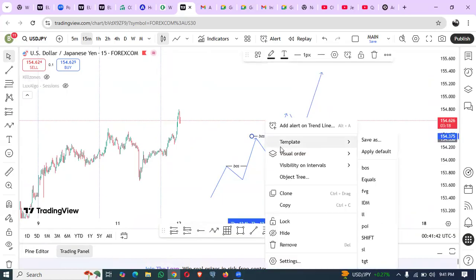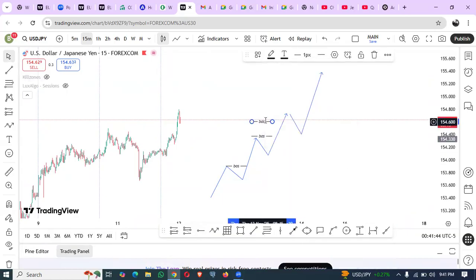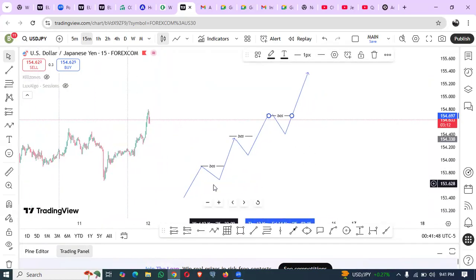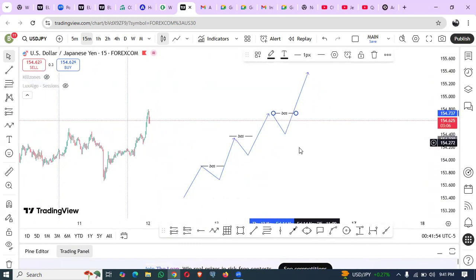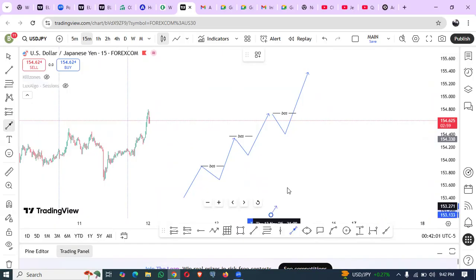Impulse. That's your break of structure. So you need two valid break of structures, 1, 2, to validate your trend. So once you have two valid break of structures, the trend is confirmed bullish.